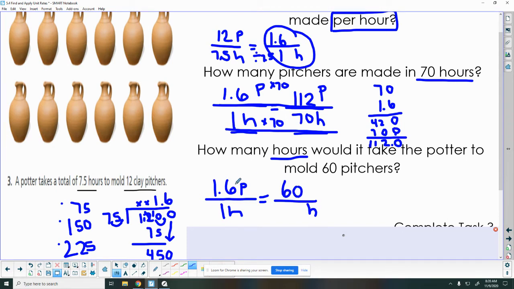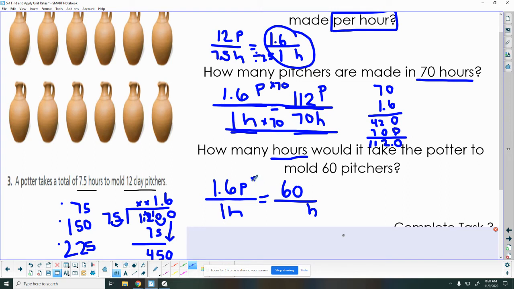So I've got to figure out, how did we get from 1.6 to 60? 1.6 times what is going to be 60? Now, I don't know that off the top of my head. That's not a very nice number, like 1 times 70 is 70, or 2 times 5 is 10. That's not just something I know.